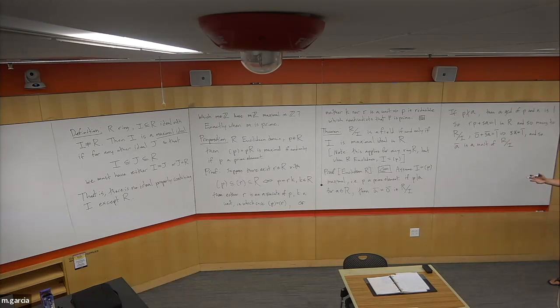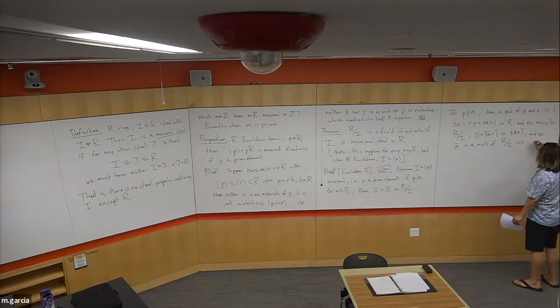These are the two cases, right? Either P divides A or P does not divide A. If P divides A, I get sent to the 0 residue class. And if it does not divide A, I get sent to some residue class, which is invertible. So R mod I is a field. All the non-zero residue classes are invertible.